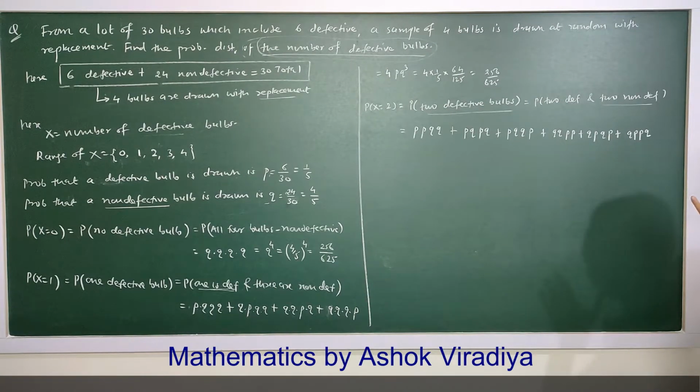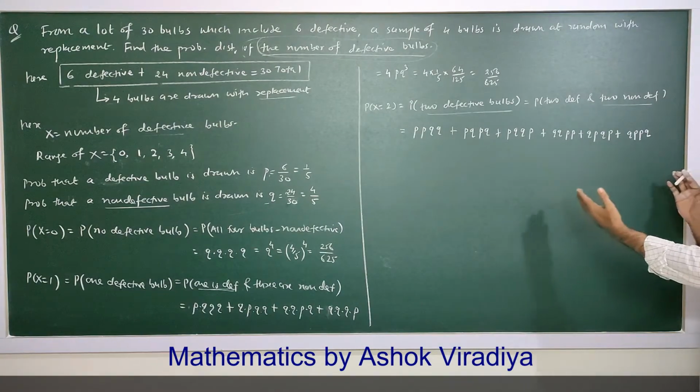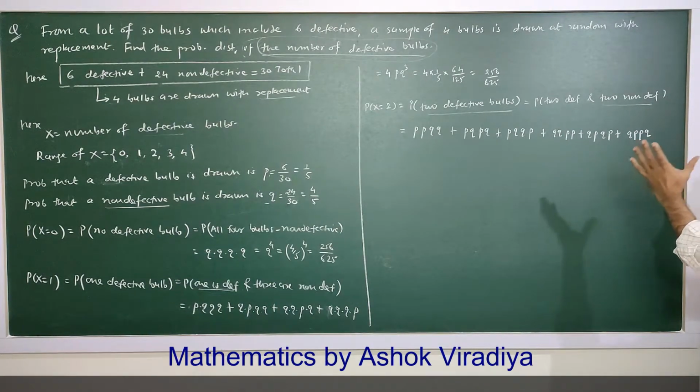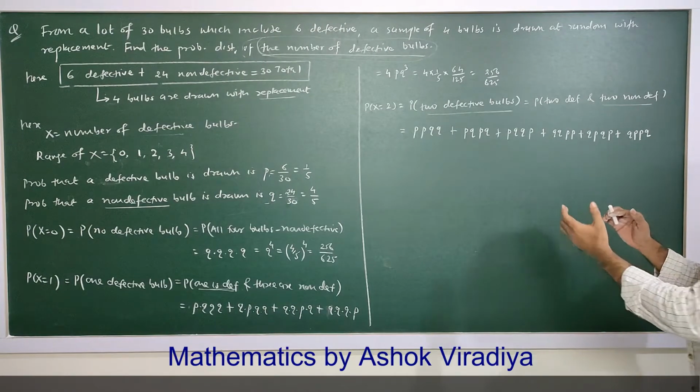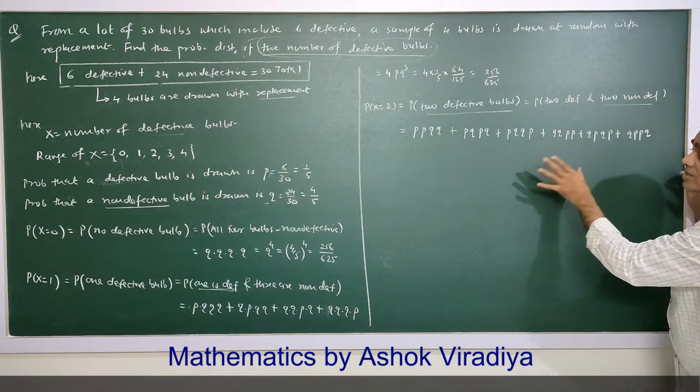So do it by a trick: 2 times defective, 2 times non-defective, and no selection must be missed.